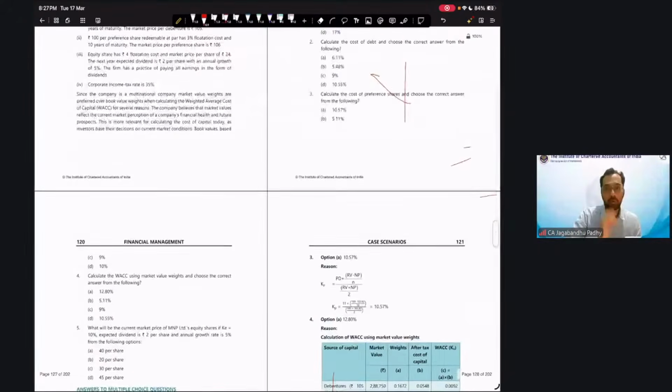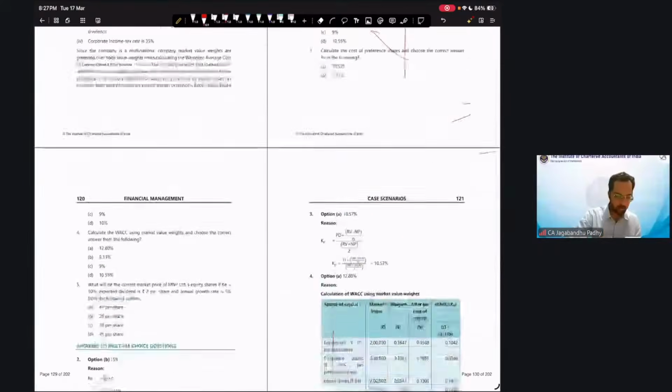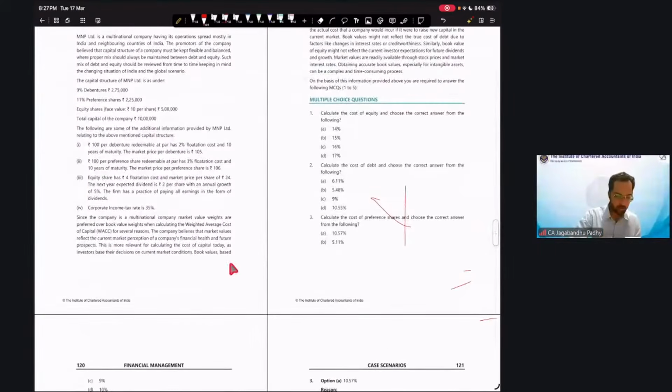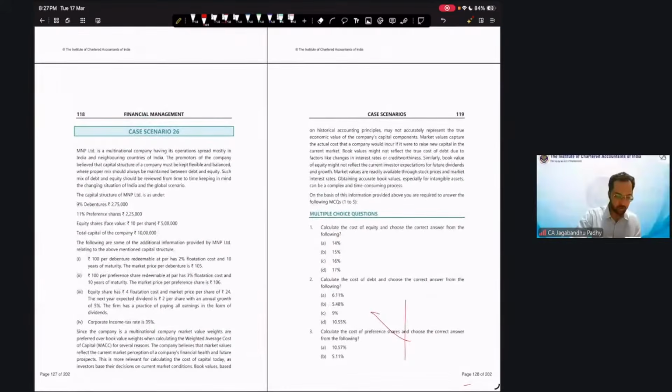Redeemable, market price is 105. So we have taken 105, right? Yes, in the previous year the market price per debenture was 110. In this case ICAI has taken 98. Can we go 110 minus flotation cost? Yes, you can do that. Yes, you can take it up.